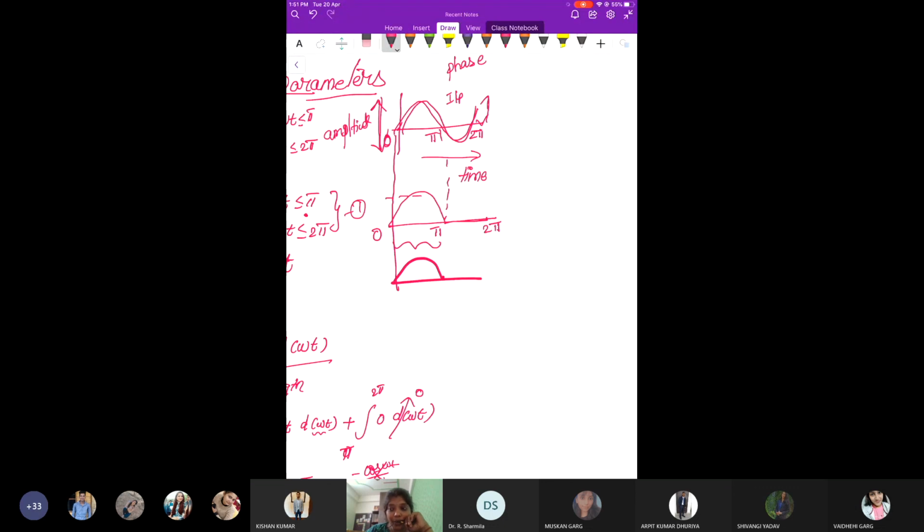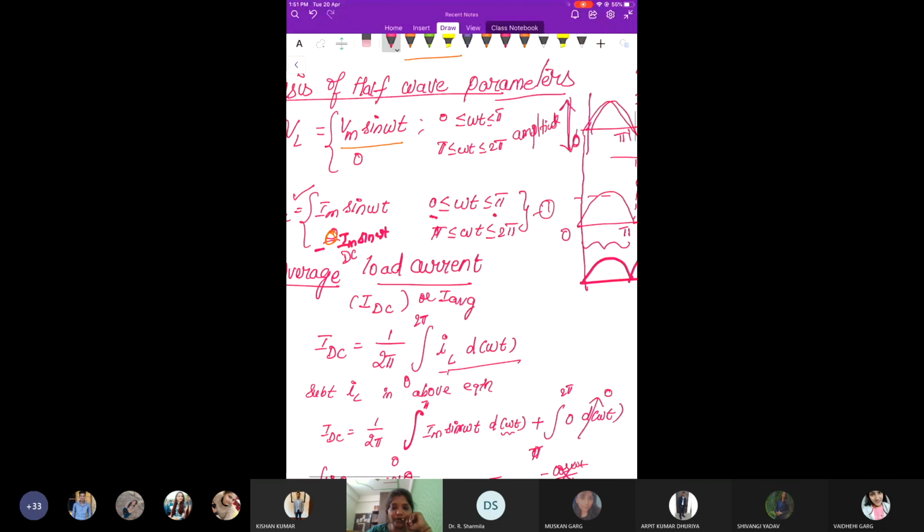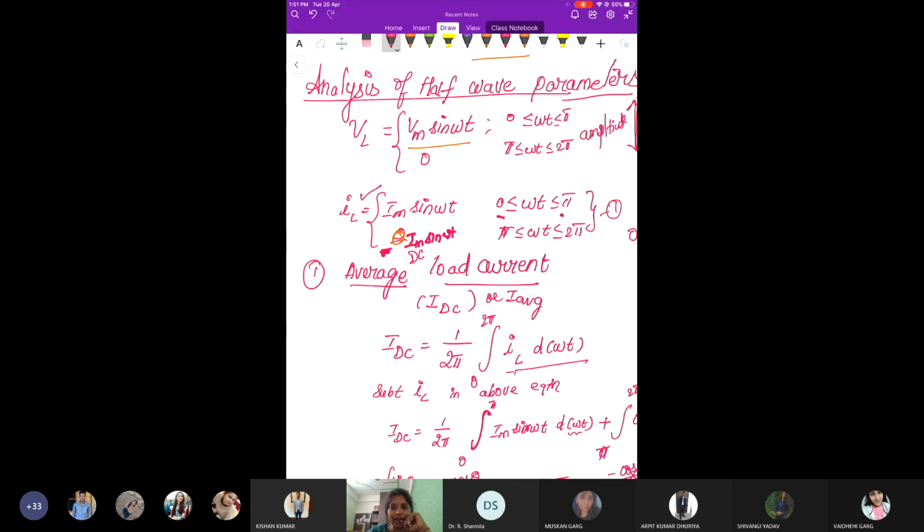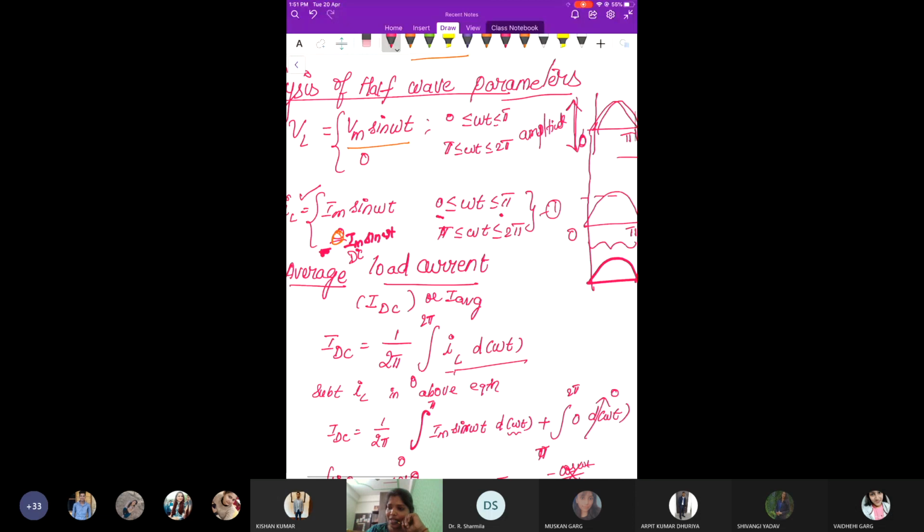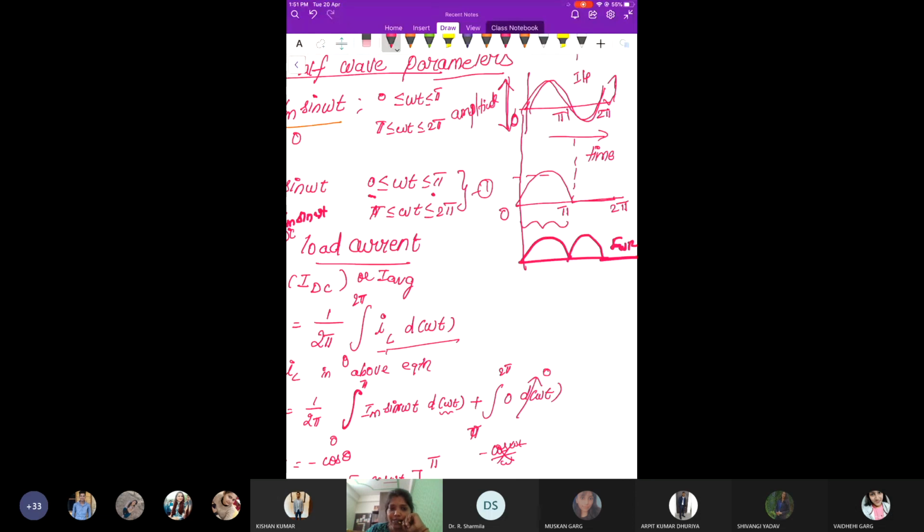During the negative half cycle I will get output on the positive side, so there will be some phase shift in the output. That's why I am putting minus Im. So it is the same derivation, but here we have substituted pi to 2 pi, and instead of 0, we have to substitute another term. Next class we will see the derivation part.